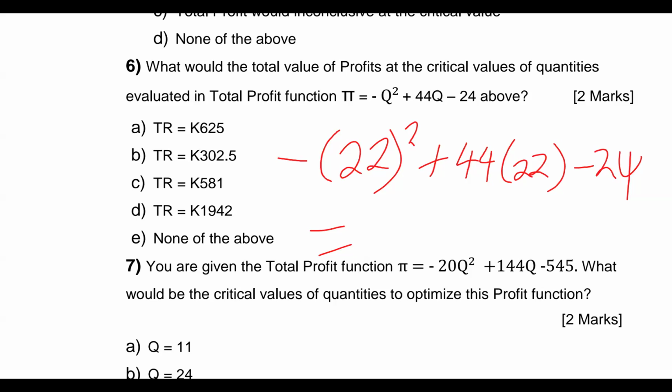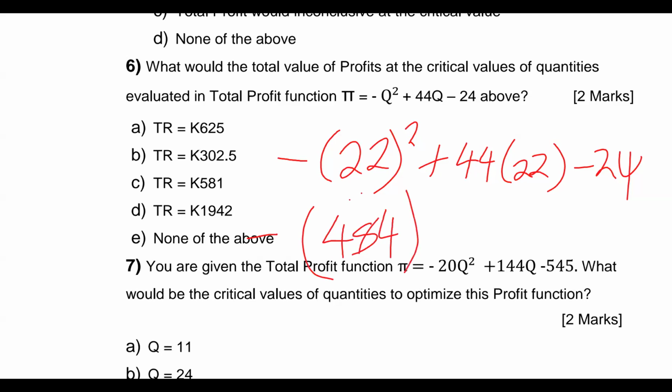Okay, let me just do the calculation. Negative 22 squared, plus... what is 22 squared? 22 squared is 484, so it will be negative 484.